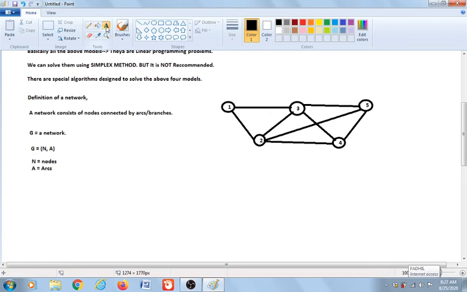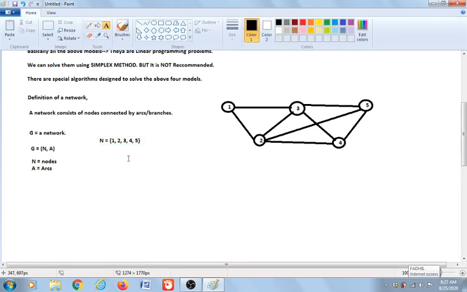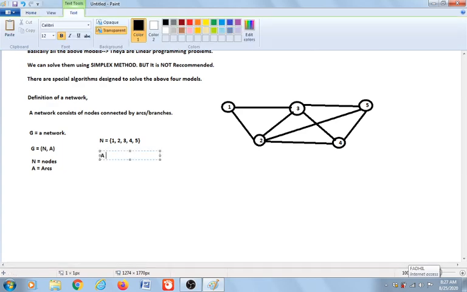So for the example here, the network over here, we have N consisting of 1, 2, 3, 4, 5. Since we have 5 nodes, N equals, in parentheses, 1, 2, 3, 4, 5. Okay. And the arcs, or the A, consists of what?